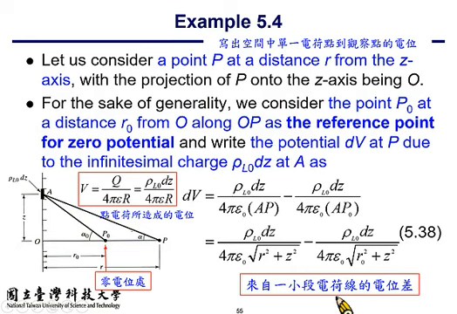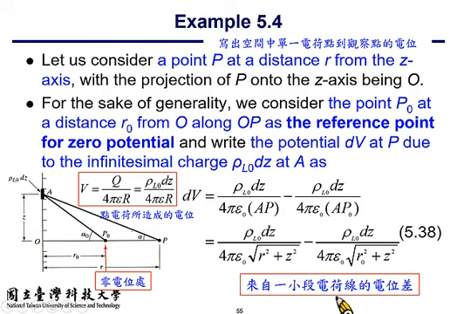So again, we use the definition of electrical potential, that is V equal to Q over 4 pi epsilon r. Now, Q is the amount of charge, R is the distance from the charge to your observation point.